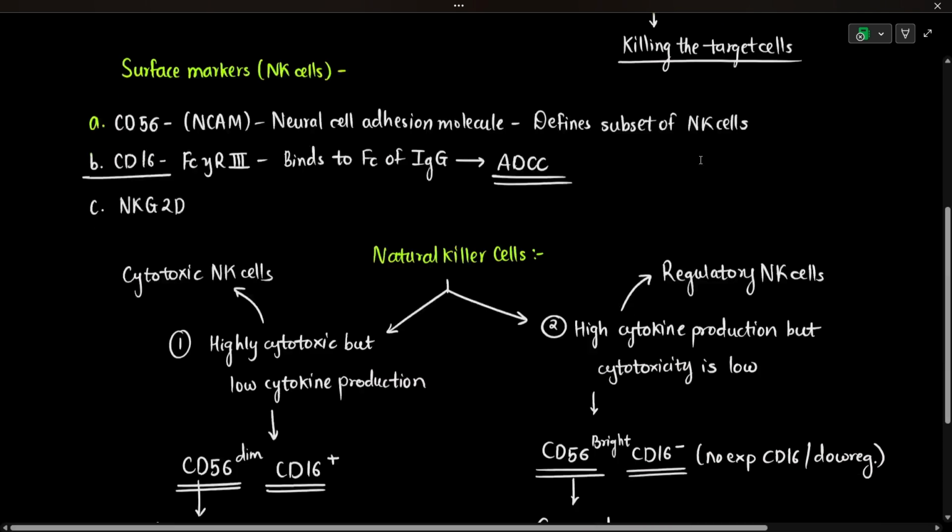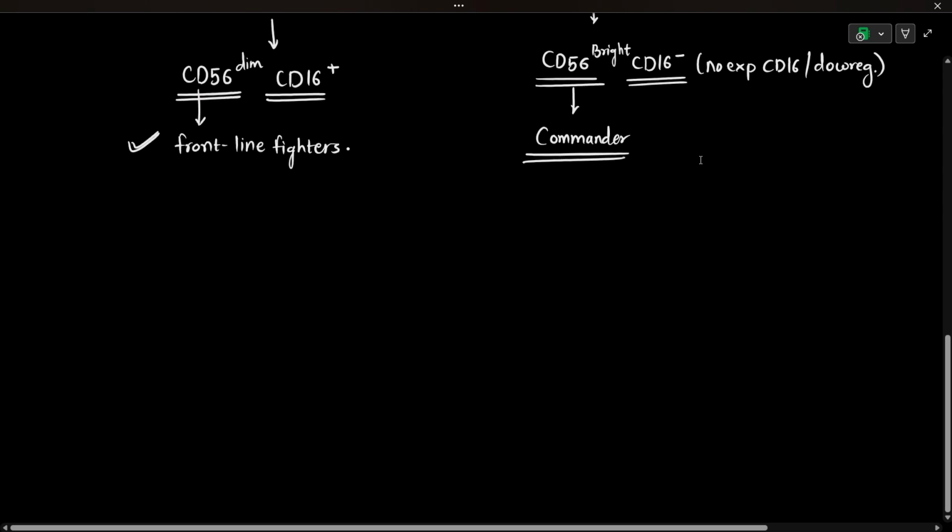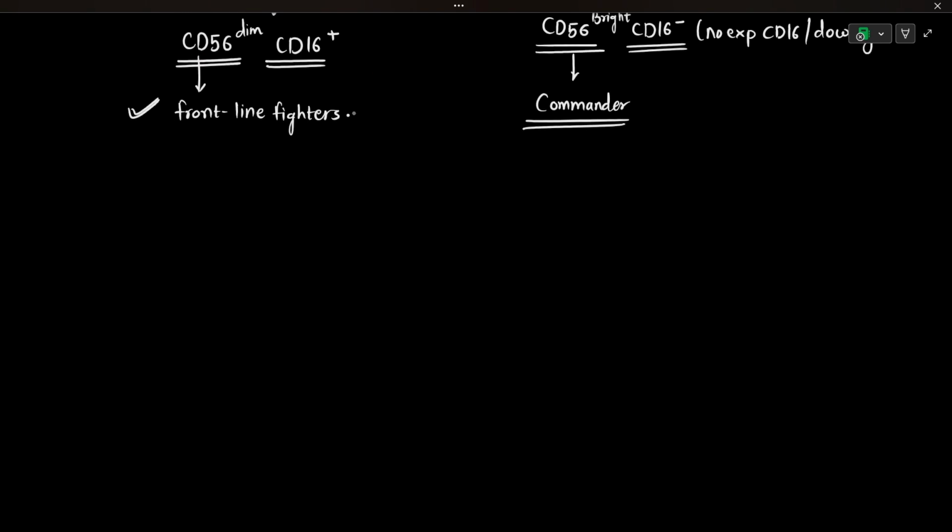So for the different types of receptors that are found there, among the activatory receptors, I have already discussed one of them, the NKG2D receptor, as well as the CD16 receptor, because it is also going to mediate the antibody dependent cellular cytotoxicity, right? So both of them are activatory receptors.